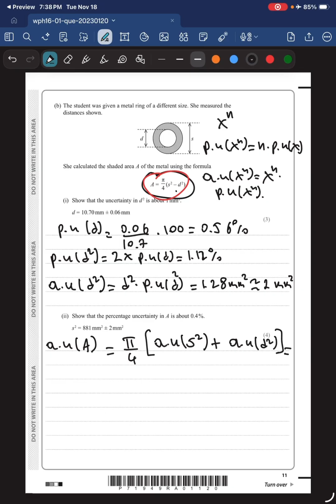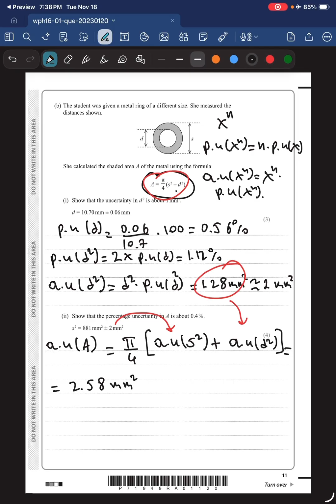So the absolute uncertainty in the area is 2.58 squared millimeters, where I am using this for the absolute uncertainty in d squared, and for the absolute uncertainty of S squared, I'm using the quantity given to us.